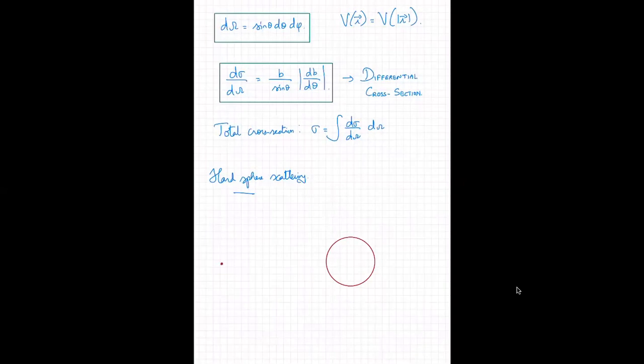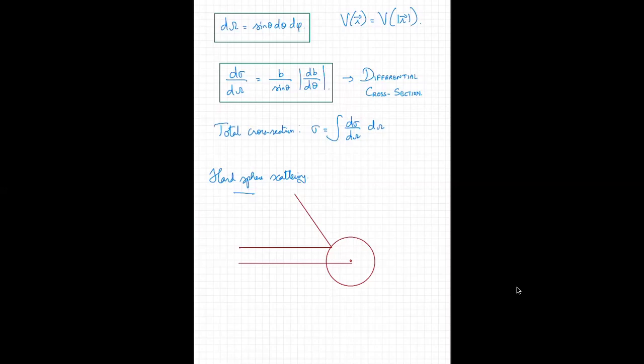Okay. So if this is my scattering center, let me shoot it from some distance b. And this guy is of course going to be deflected hard in this direction.